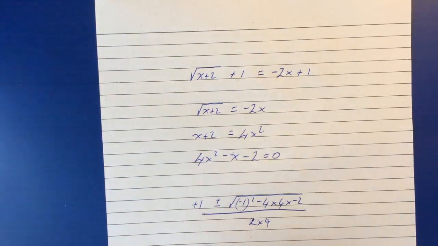So I'm just going to put that into the calculator so that you can see what we've got. So that is 1 plus root 33 divided by 8.